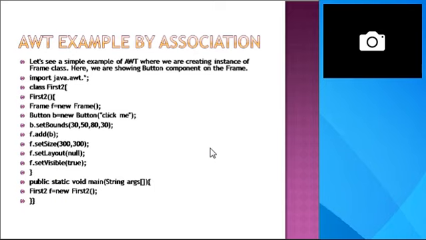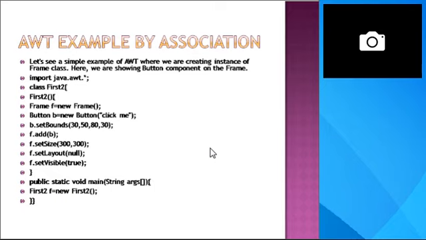Here we also import the AWT package, like import java.awt.*; the star semicolon means all the functionalities of the package are included. We take a class, and the class name is First2, and here we create a constructor with the same name as the class, First2.